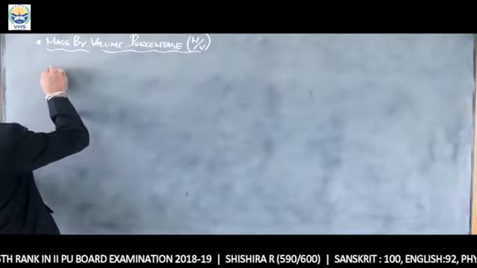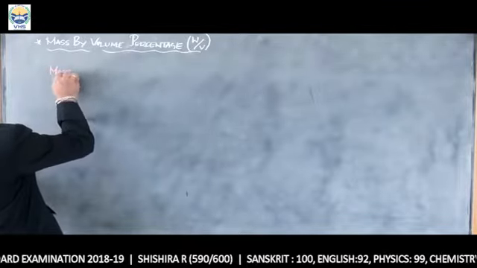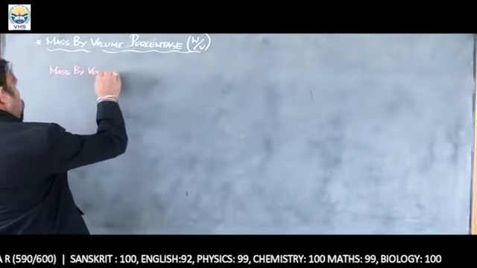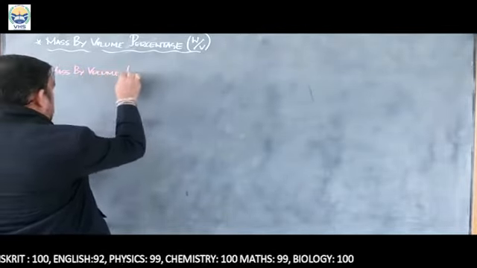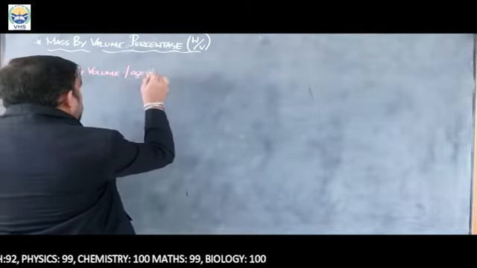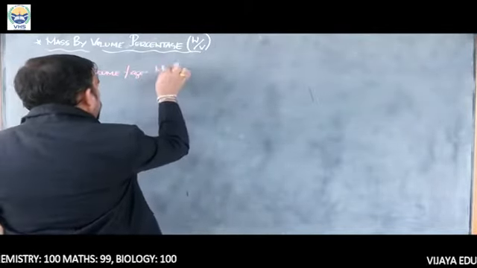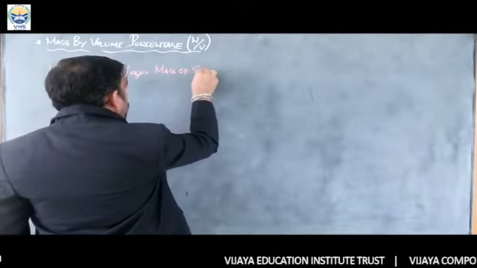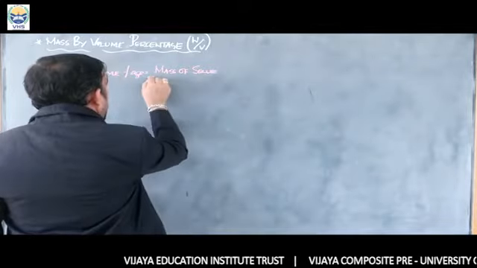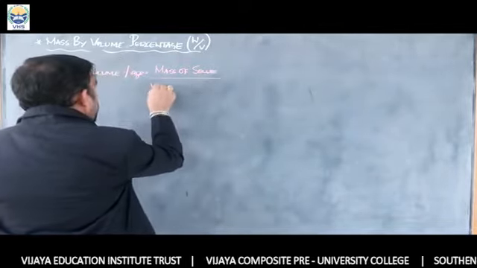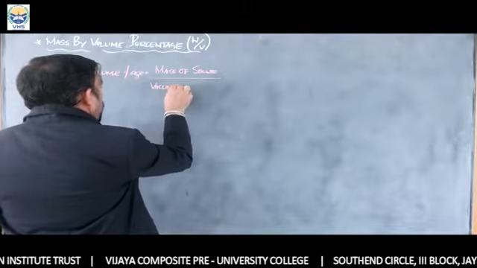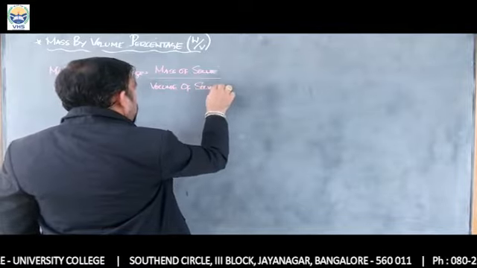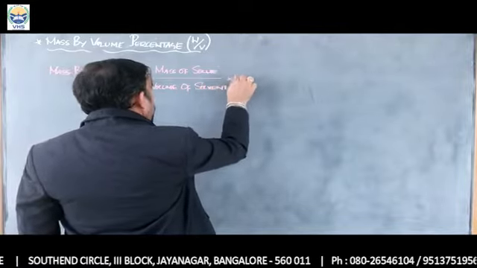So, mass by volume percentage is equal to mass of solute divided by the volume of solvent into 100.